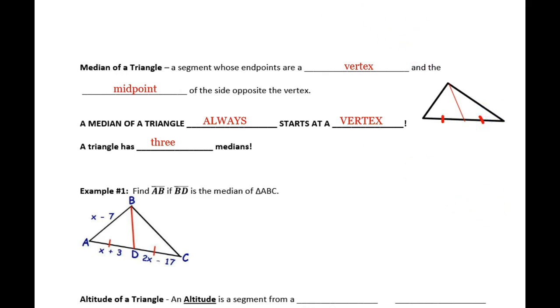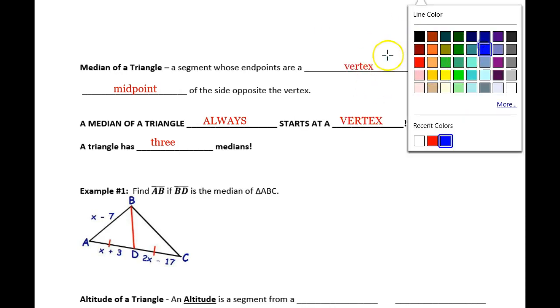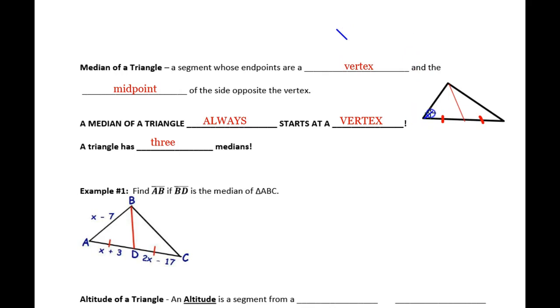Now, every triangle has 3 medians, so this is the median, and then here's another median.